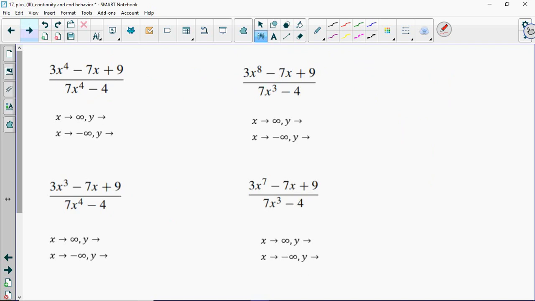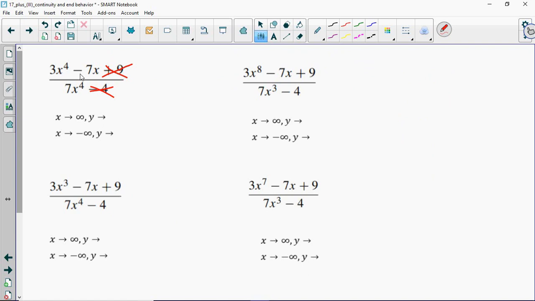In this first one, top left, again, we're going to consider what happens when x is a super, super, super big number. Do I really care about this plus 9? No, because I've got super big numbers happening. And same thing with the minus 4 down there. And actually, up here I've got 3 times x to the 4th. Now this is a super large number raised to the 4th power. That's a super large number times itself 4 times.